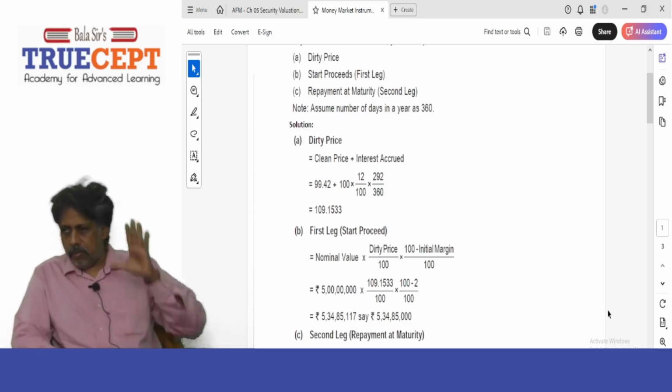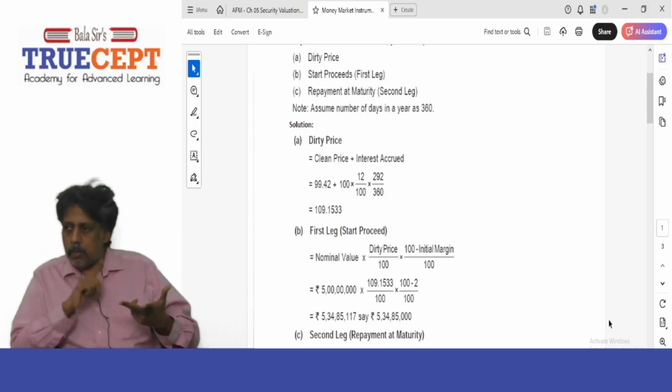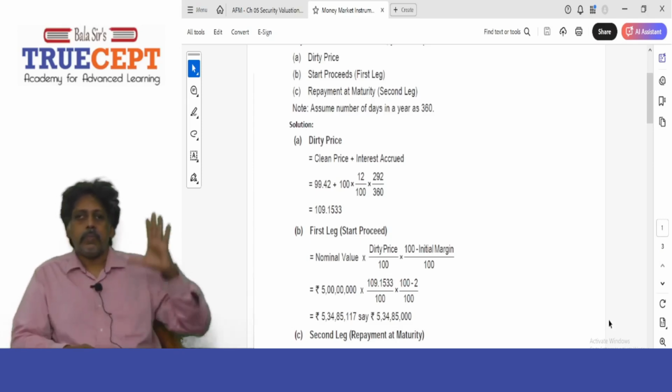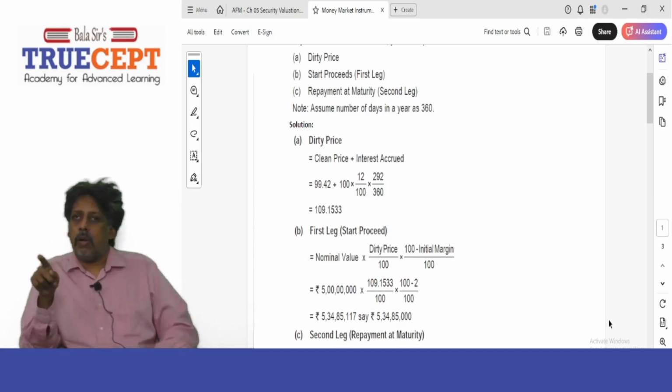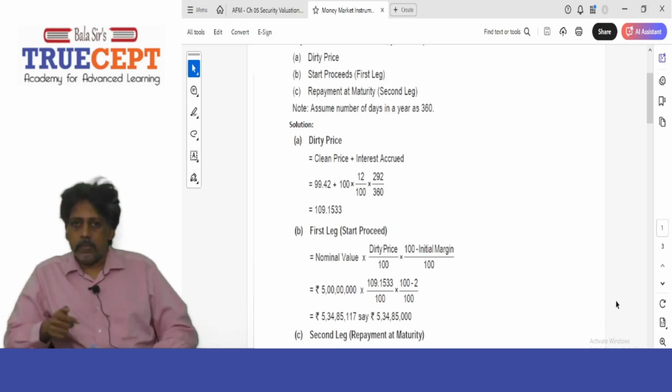But very clearly, for bank B, the initial margin is given as 2%. That means bank B will not give you rupees 109.1533 for every bond you sell. They'll give only 98% of that. Got it?